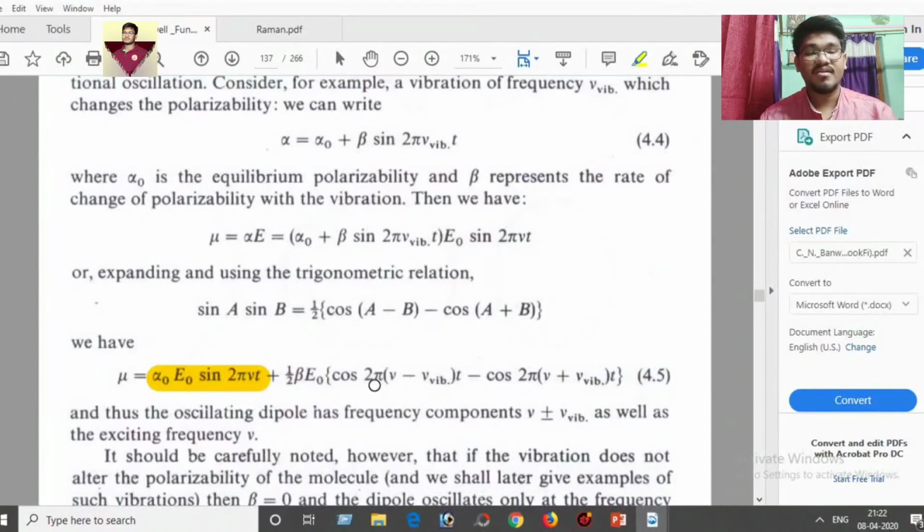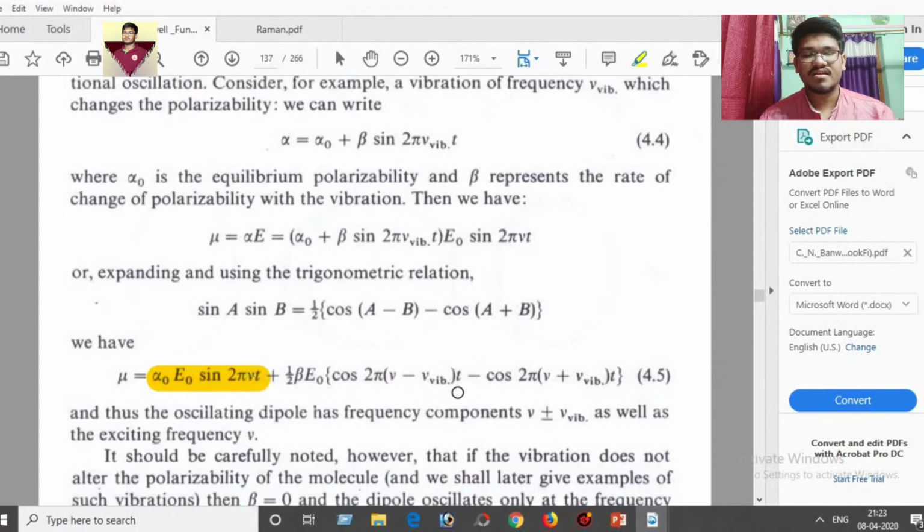So there is the main frequency, the same as that of the electric field, and apart from that there are also frequencies lower and higher than the frequency of the electric field. That is how new frequencies are set in the dipolar oscillation, apart from the original frequency of the electric field. So that dipolar oscillation will emit radiation of these three frequencies.